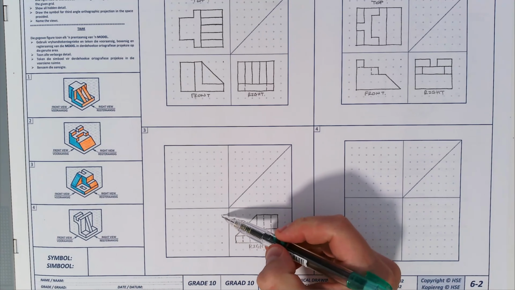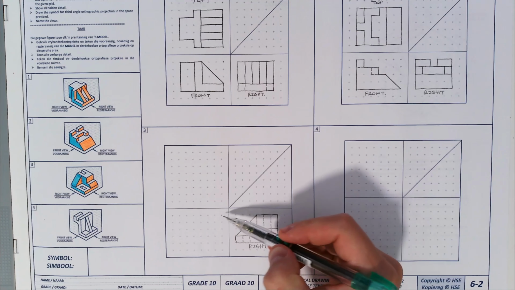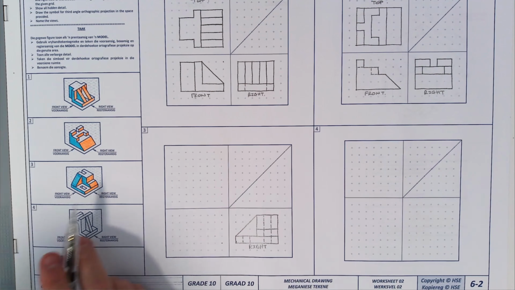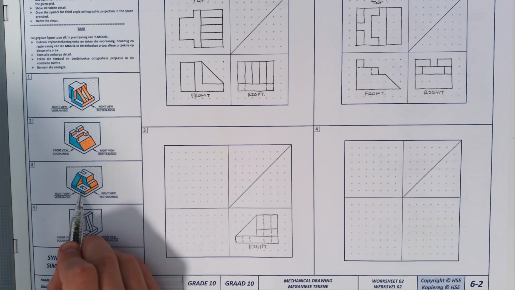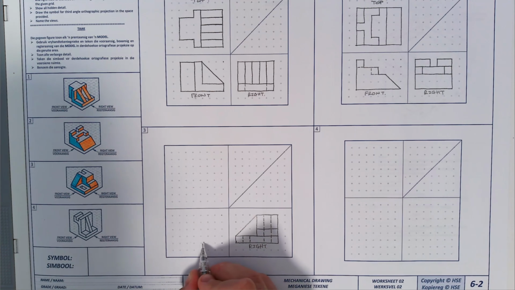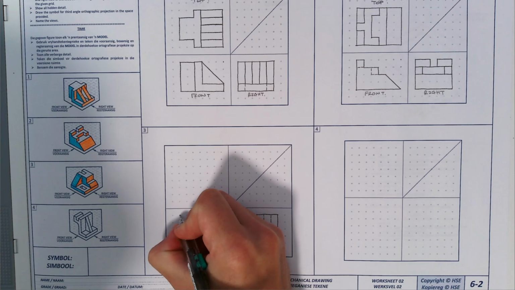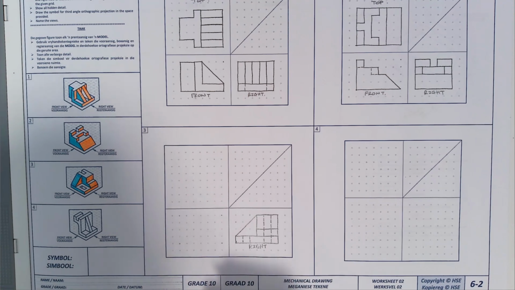The height we already have from there to there, which has a total of 4. 1, 2, 3, 4. The width is 1, 2, 3, 4, 5, 6. So there is the block for our front view.